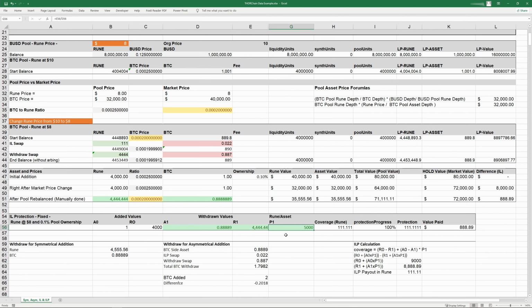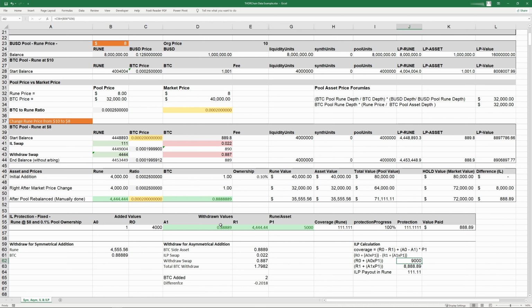I've also said that we have protection progress, which is that we've been in for 100 days. So we're going to get full protection here. When we break this down, our start position is going to be 9,000 Rune, because it's essentially 5,000 plus 4,000, as you work it out here.